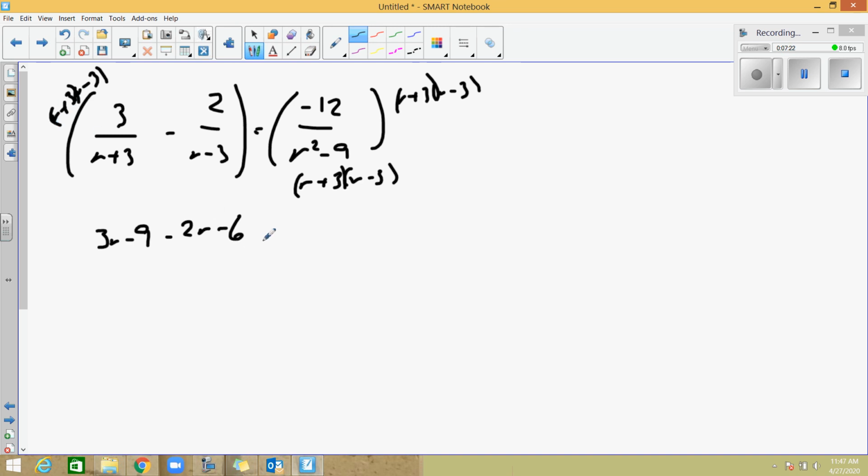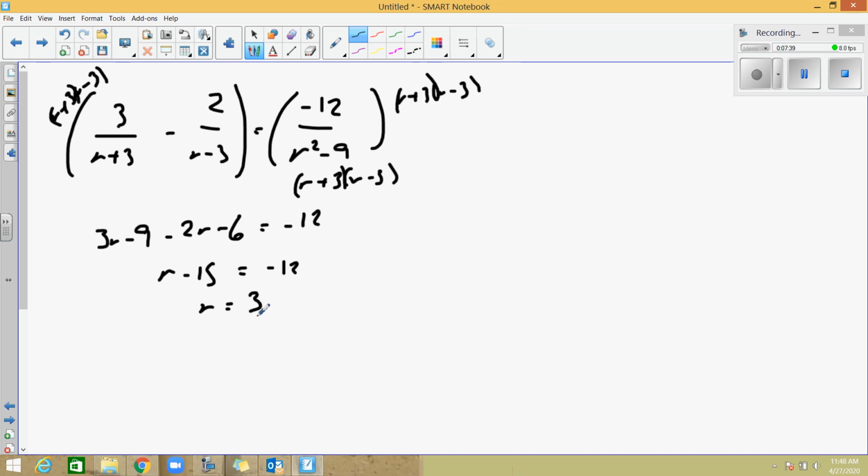We get negative 6 here, and that would equal, these two would eliminate those two, negative 12. So combine like terms over here, and I get r minus 15 equals negative 12. Add 15 to both sides, and I get r equals 3.